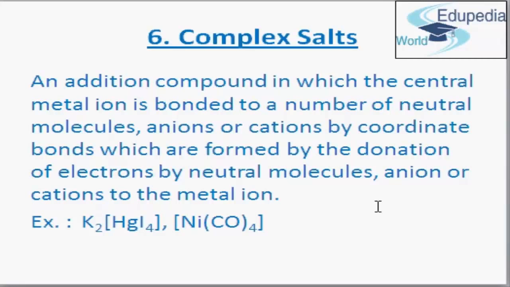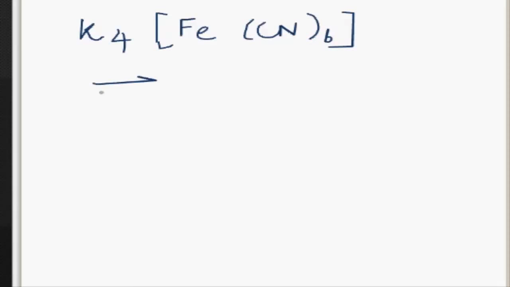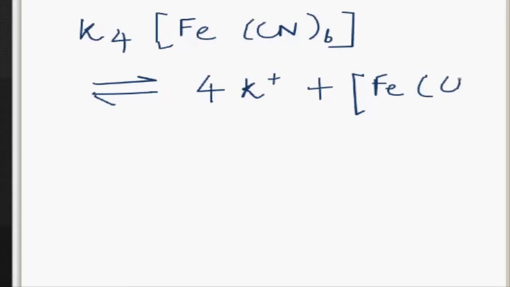The complex salt dissociates in water. Suppose the complex salt is K4[Fe(CN)6], it will dissociate into 4K positive and [Fe(CN)6] 4 negative.